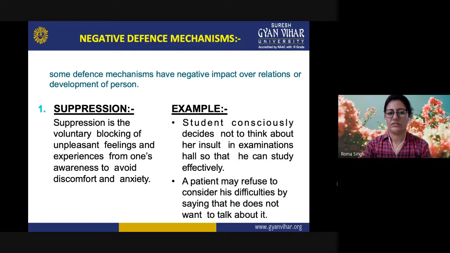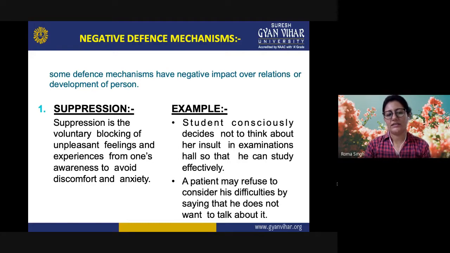This is similar to repression, but it is suppressing the feeling that maybe she was caught cheating in the examination hall, or there may be some misunderstanding. So this is how she is trying to suppress her insult which has taken place in the exam hall.